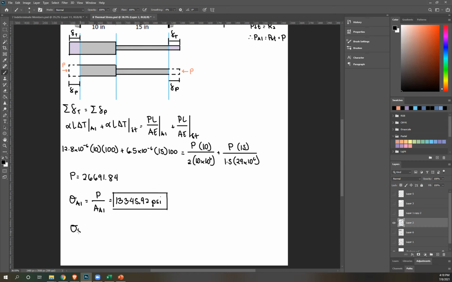And then stress in steel is just P over area of steel. So divided by 1.5, what's the answer? Correct, Aaron. And correct, Micaela, but 2 points ka na.